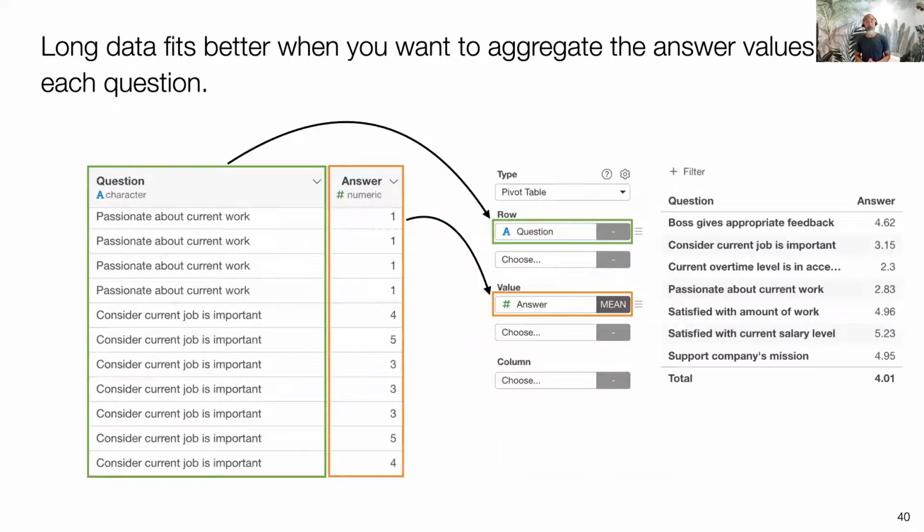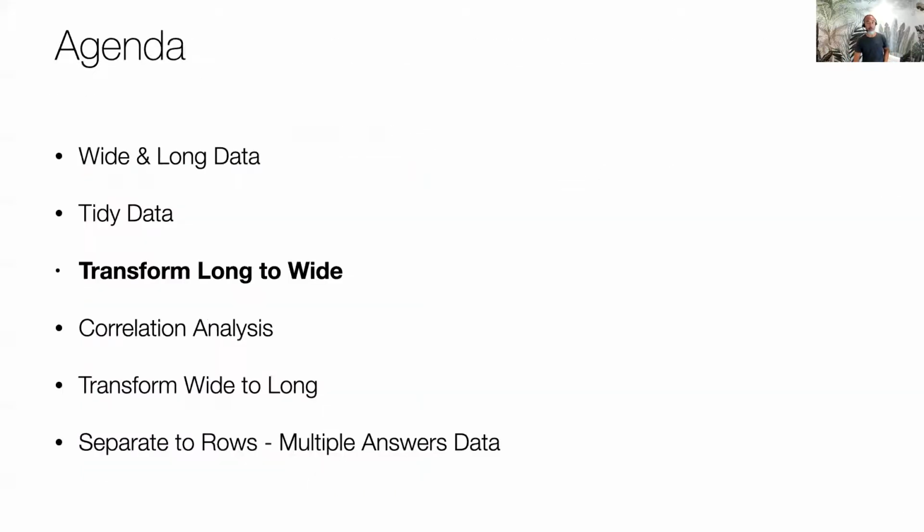And also the pivot table and summarize table, it's always a row and a value, sometimes a column. So you assign each variable to some kind of control. Typically you want to have a column with all the question types and an answer column. It doesn't matter, because each question will be separated in a different row and different bar. I'm going to cover this topic in more detail in later sections.